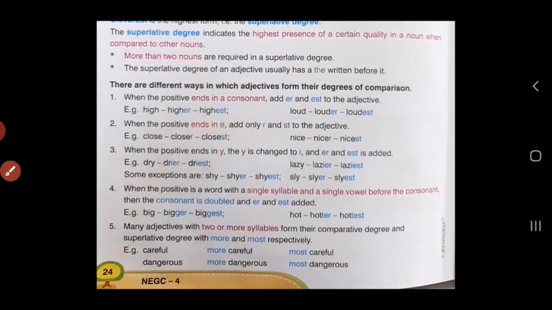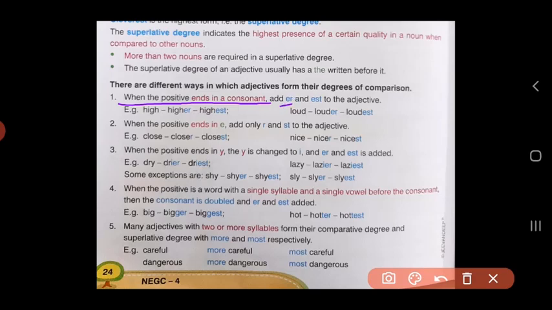Now, there are different ways in which we can make these adjectives into their degrees of comparison. When the positive ends in a consonant, add ER to make it comparative and EST to make it superlative. Example, high. High ends in H, which is a consonant.